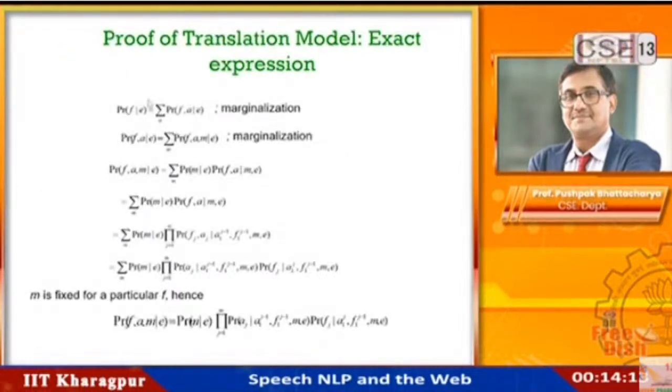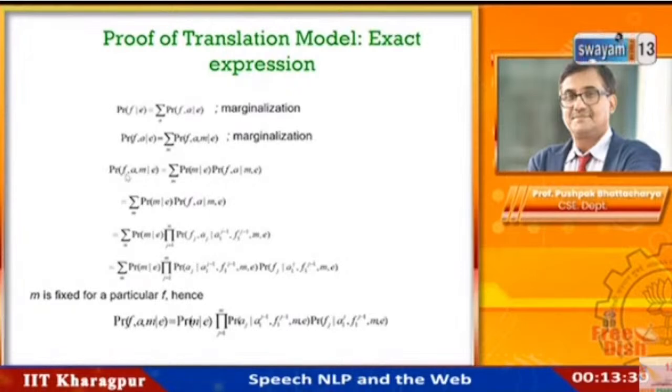So here is the opening up of the mathematical steps. Probability of F given E is summation over all possible values of A, probability of F comma A given E. This is marginalization. Introduce another parameter M, the length of the sentence. Now, since the target language sentence is changing, F also changes, so I take different values of M. So this is also marginalization.